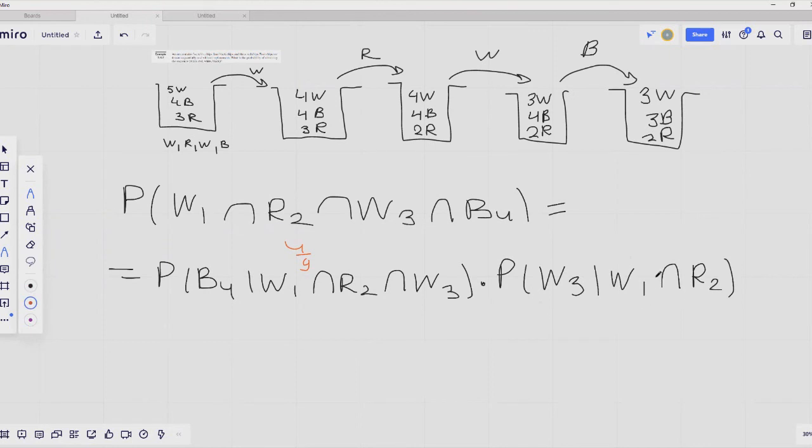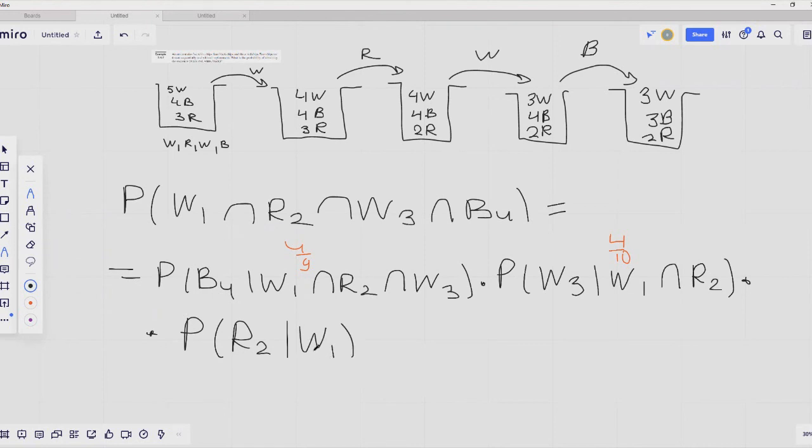We also know this probability here. This is simply drawing a white chip out of an urn which was brought to this state here by drawing white on first and red on second. So this is equal to 4/10. Multiplied by probability of drawing red on second, given that white was on the first draw.